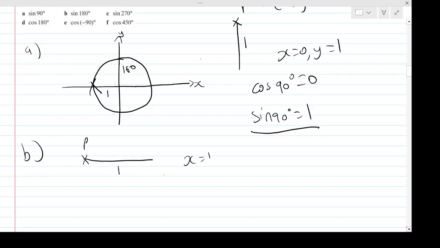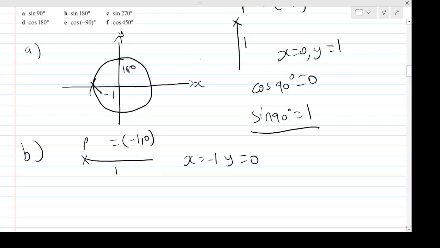The x is negative 1, because it's on the negative x-axis, and y would be 0, because there's no y component, we're not going up in any way, it's just going straight along. So P would then be (-1, 0). That's what that point would be if we moved 180 from here.